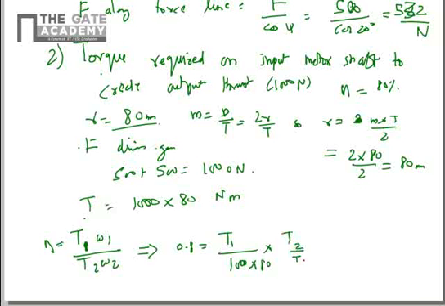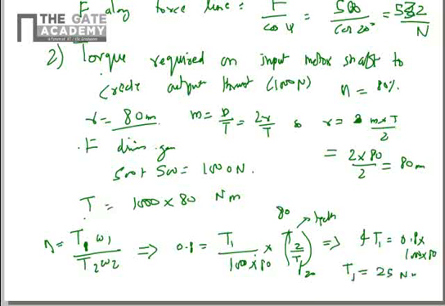So it will be T2 by T1, where T is teeth. So T2 is 80 and T1 is 20. Substituting the values, it will be 4. So this equation will be 4 T1 is equal to 0.8 multiplied by 1000 multiplied by 80. If you simplify that, you get T1 equal to 25 Newton meter. So this is the correct answer that you can choose from the given options.